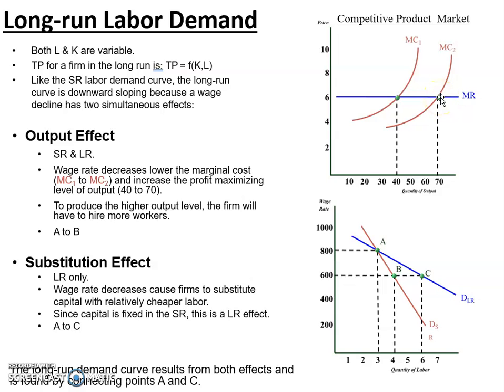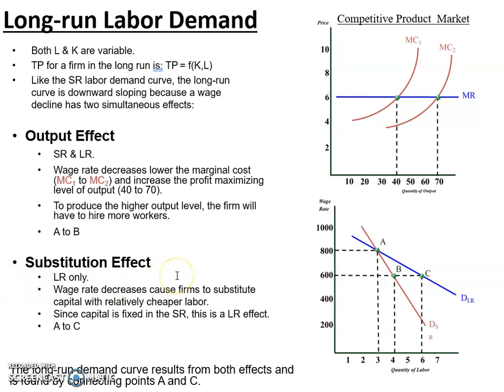In the long run, there can also be an output effect. In the long run, you can have wages go down, which cause lower marginal costs, and that will cause a firm to ramp up their employment of labor. However, in the long run, there is also a substitution effect.